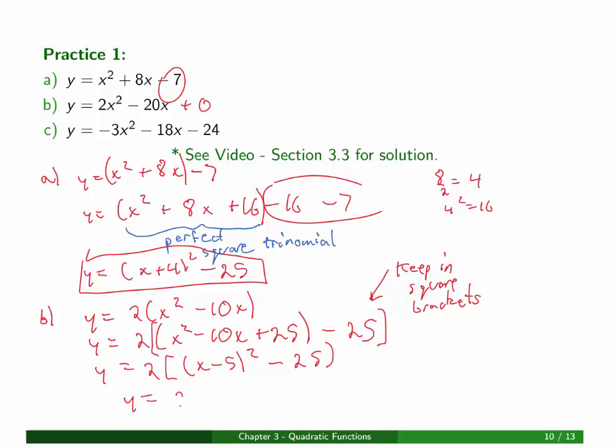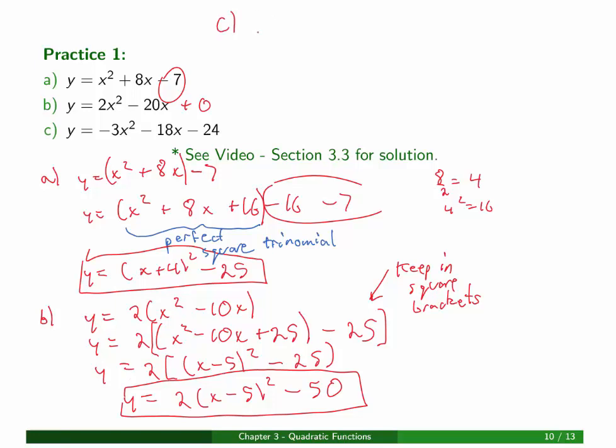So you're going to have y equals 2 times x minus 5 squared minus 50. Okay. Again, you can check that out with the original. You can graph it with technology after this video or during this video to see if we're doing things right here.